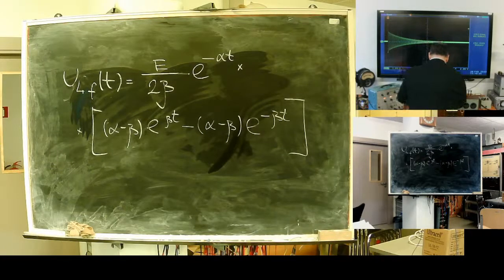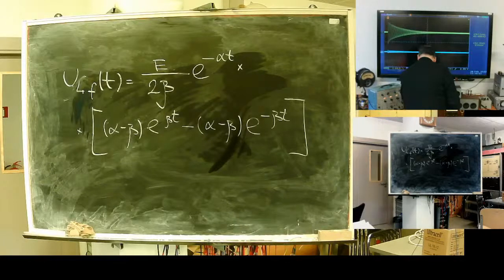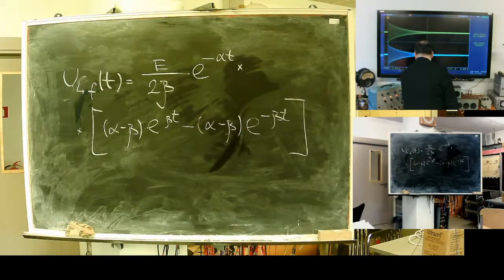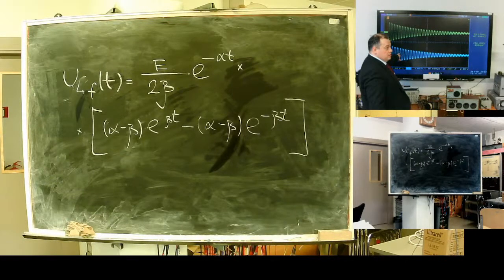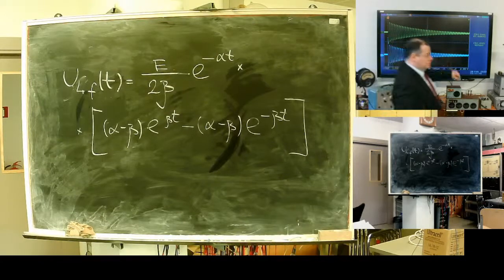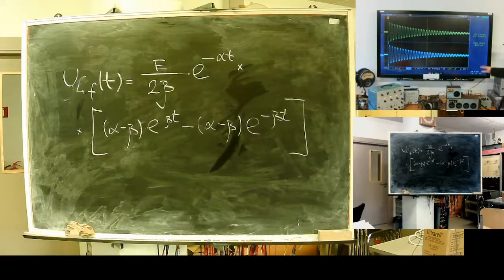One second. Why is the terminal disconnected? The blue line, this free component, this now is the blue line on the scope.